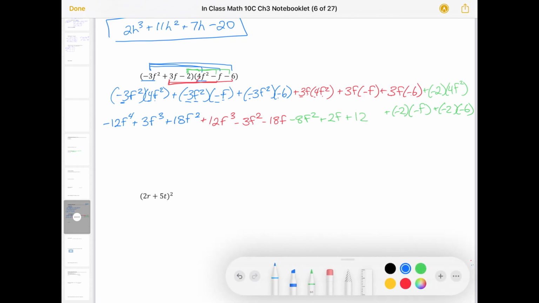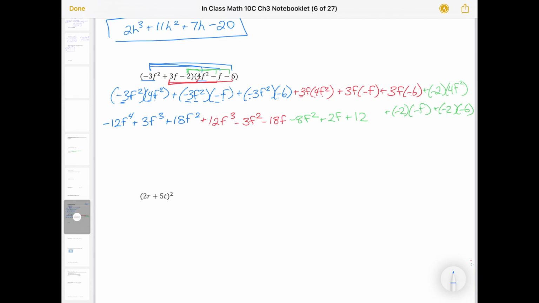Okay, and now let's group our like terms. So there's only one of these, so negative 12 f to the 4, but we've got a few f cubes here and here. So that's going to be plus 3 plus 12, so 15 f cubed. All right, and then I've got 18f squared minus 3f squared minus 8f squared.